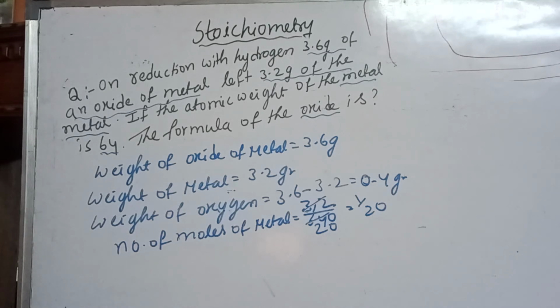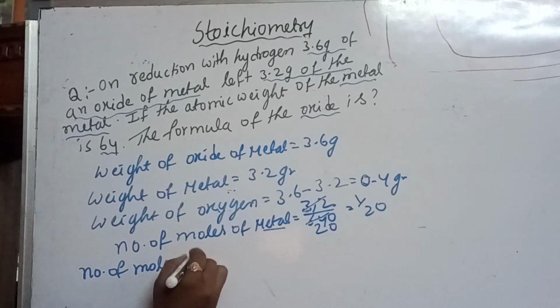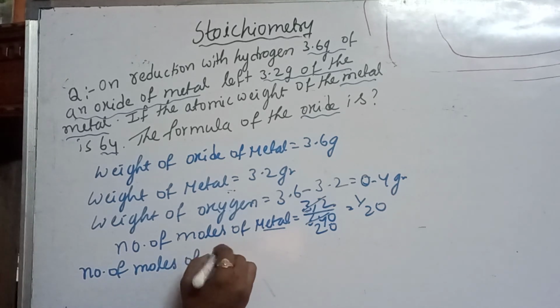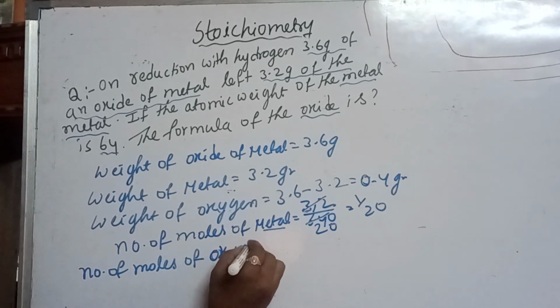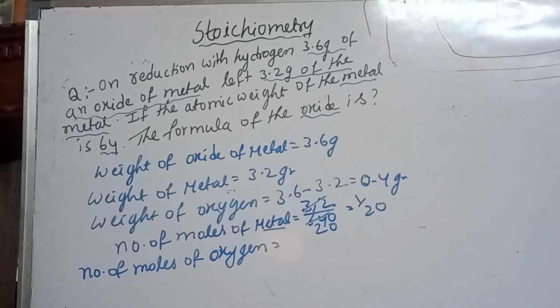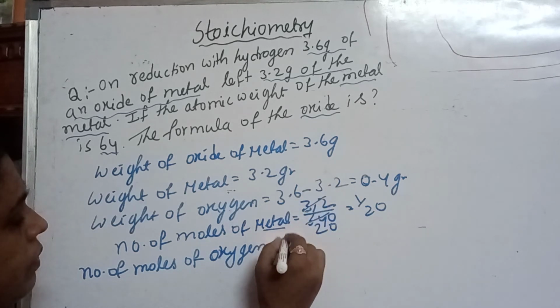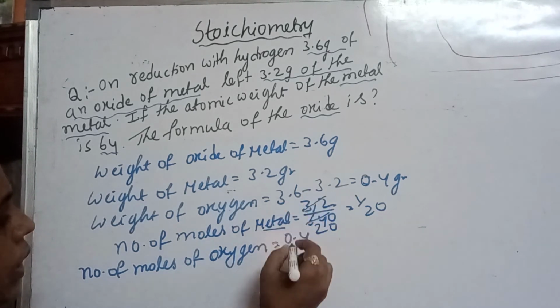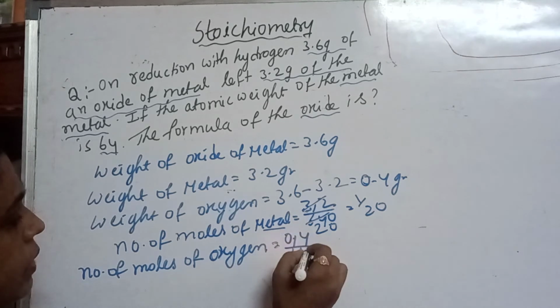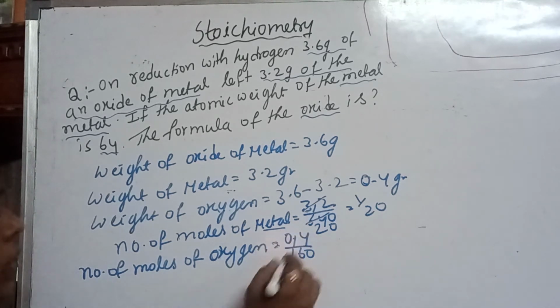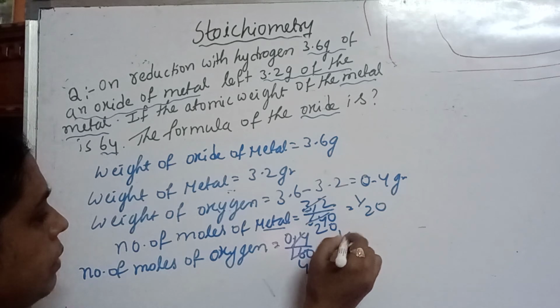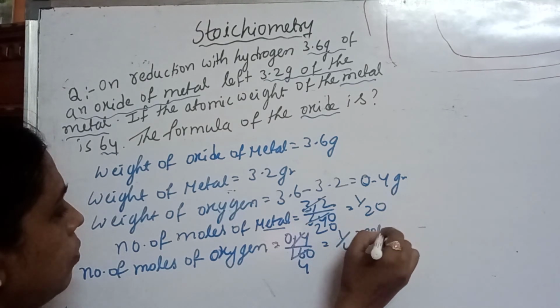The number of moles of metal is 1 by 20. Next, the number of moles of oxygen: given weight 0.4 divided by the atomic mass of oxygen, 16, which gives 1 by 40 moles.